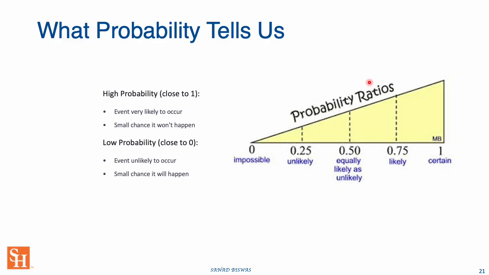I think by this time it is clear to all of you what probability is and what probability tells us. If the probability is close to 1, that means we are very sure that something will happen. For example, if the probability is 1, the thing will happen for sure.